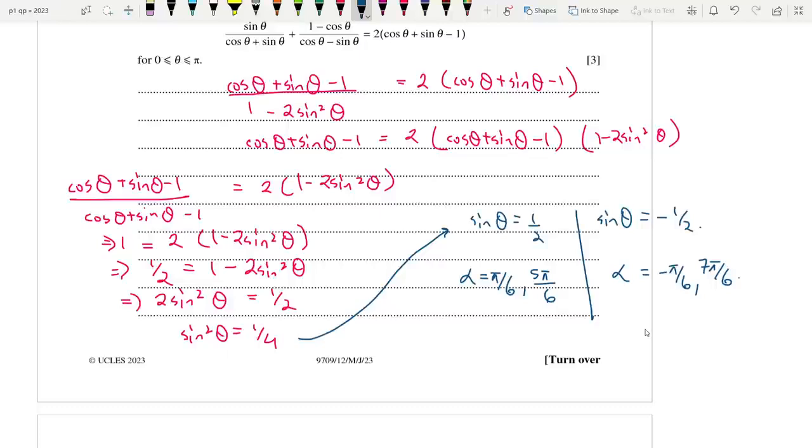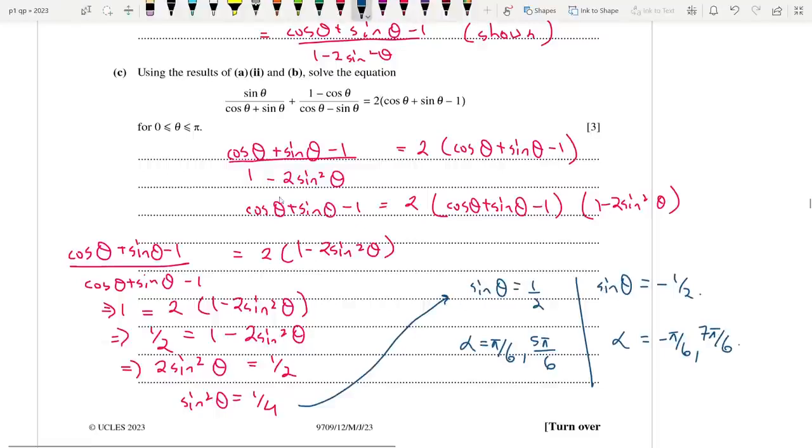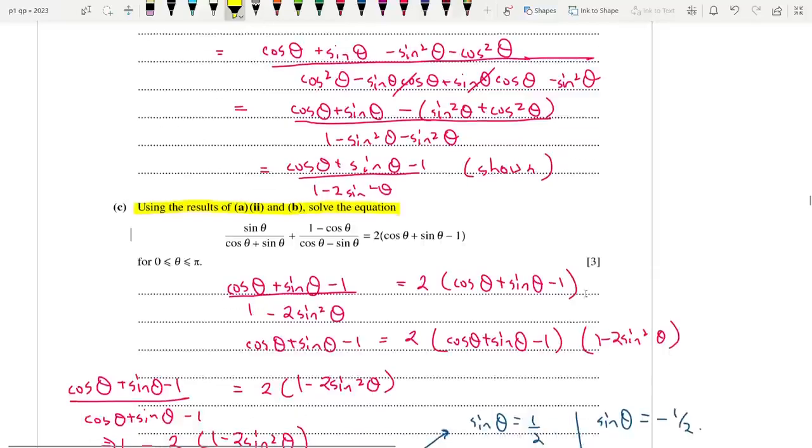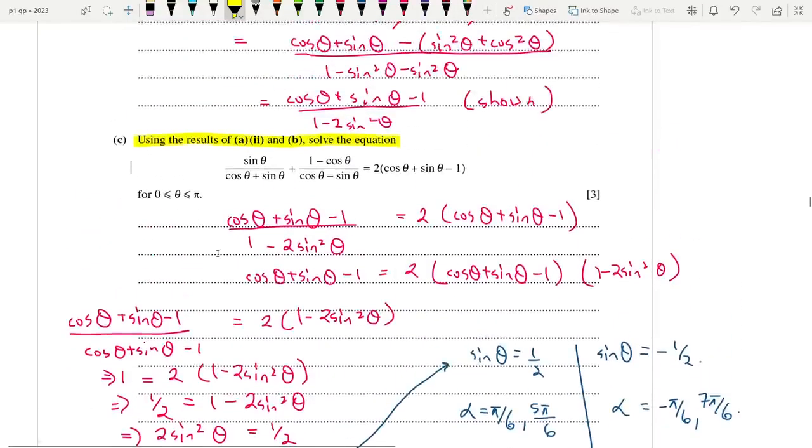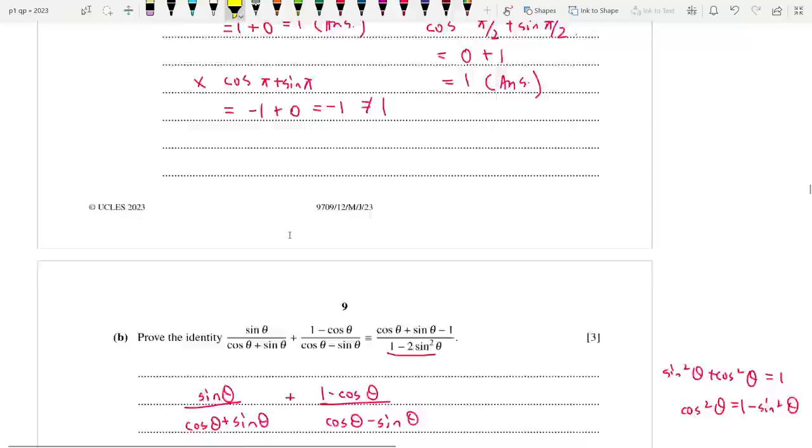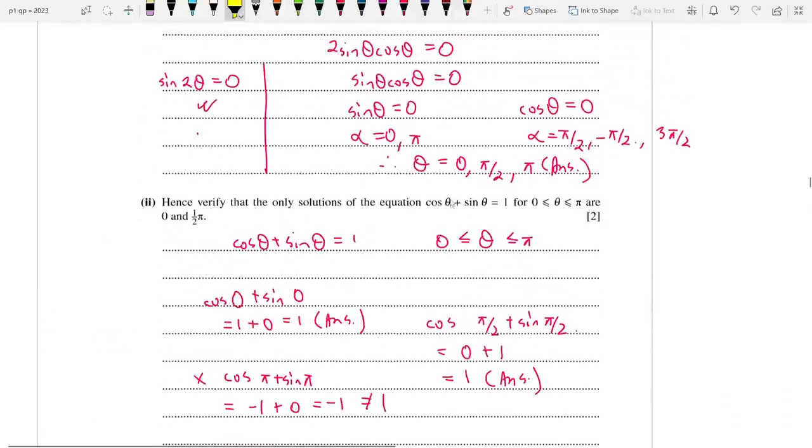But this was a rather tricky question, because check this. Why did they mention using the results of A2 and B? We used A2 when I converted this identity over here. But this is connected to B. How? This one.